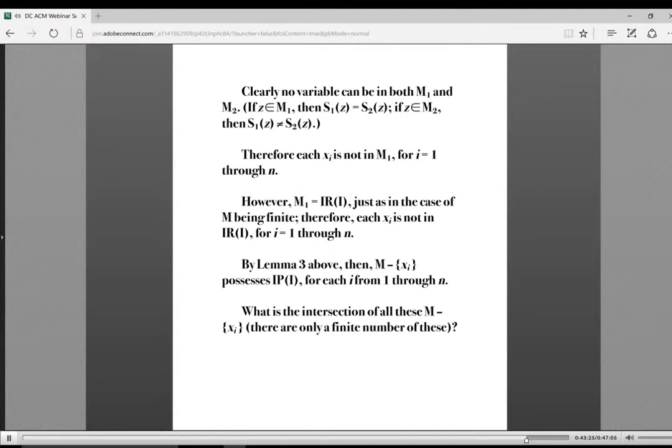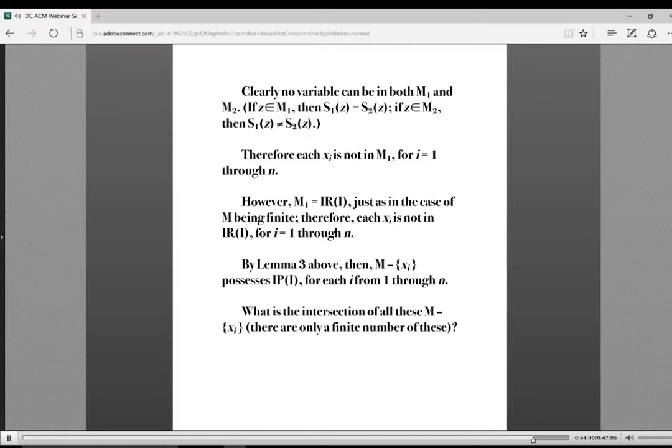Clearly, no variable can be in both M1 and M2. If z is in M1, then S1 of z is equal to S2 of z. If z is in M2, then S1 of z is not equal to S2 of z. Therefore, each x sub i is not in M1 for i equals 1 through n. However, M1 equals IR of I, just as in the case of M being finite.